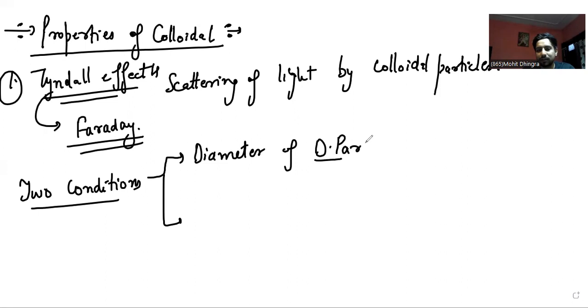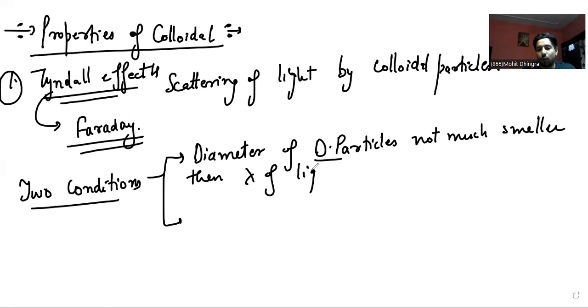This is a very important requirement for the Tyndall effect. It means that the diameter and the wavelength of light must have approximately the same values, they must not differ much. They must be almost equal or near to each other.